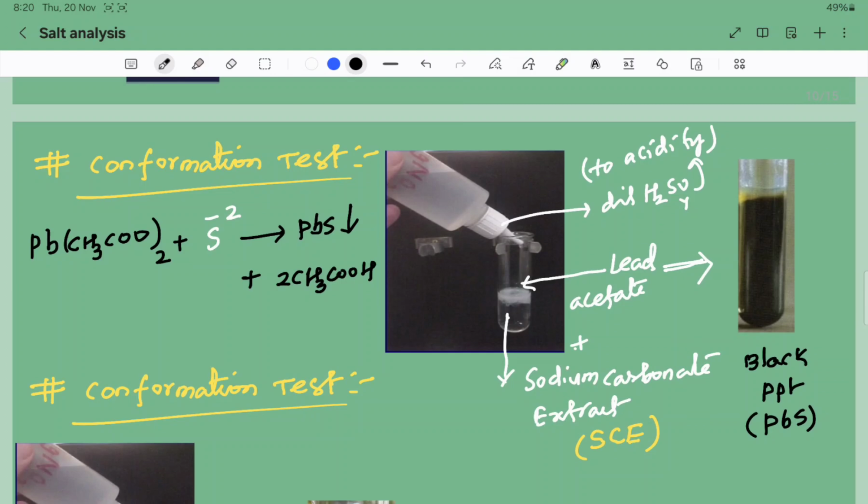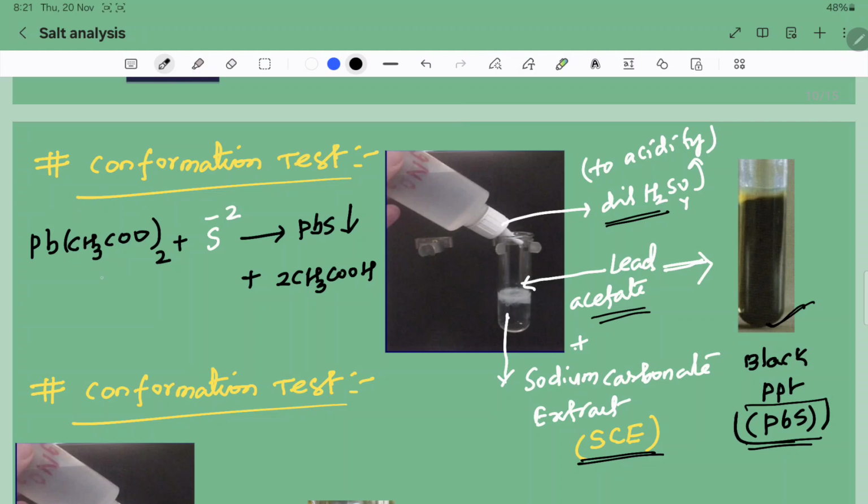Confirmation test for sulfide ion. Take sodium carbonate extract, simply called SCE. Acidify it with dilute H2SO4, then add lead acetate, student, and you will get a black precipitate. This black precipitate indicates that lead sulfide is obtained in the test tube.